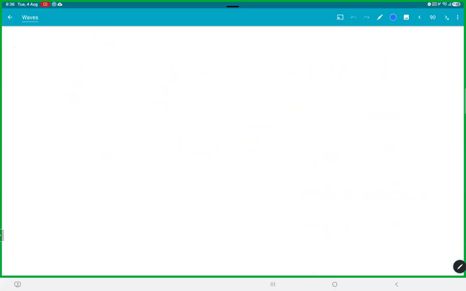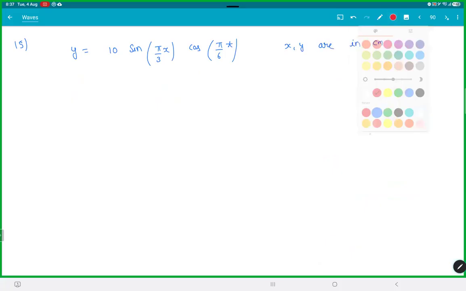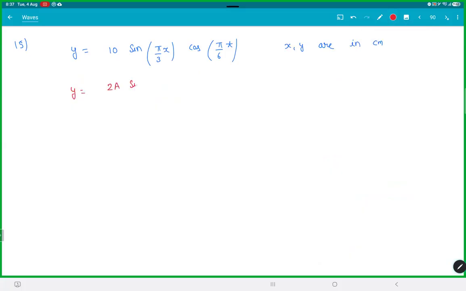Next one. y is equal to 10 sin(pi by 3 x) plus cos(pi by 60 t). This is the equation of SHM. x and y are in centimeters. Just to give an idea, if you see our general equation, y is equal to 2a sin kx cos omega t. This was the equation.